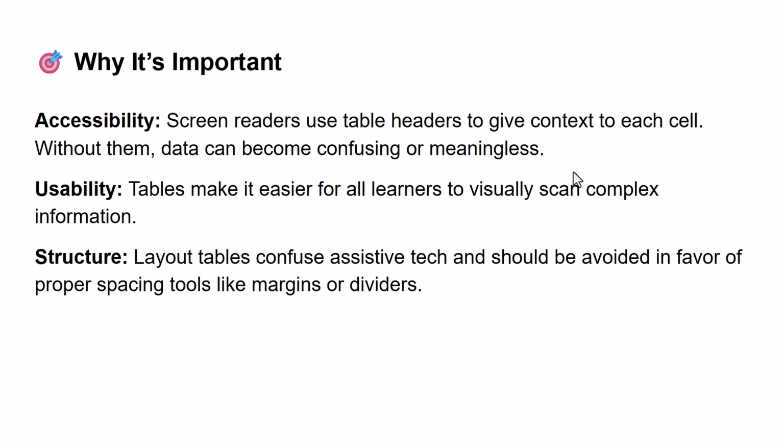Once again, screen readers become the main topic of conversation here. When we're using a table, the screen reader is going to read through the table cell by cell, starting with row 1, column 1, and then it's just going to announce what's in each cell.